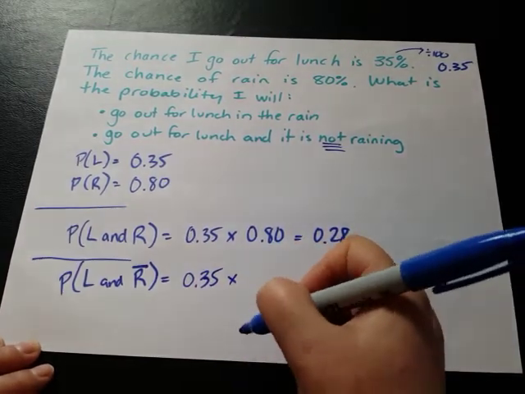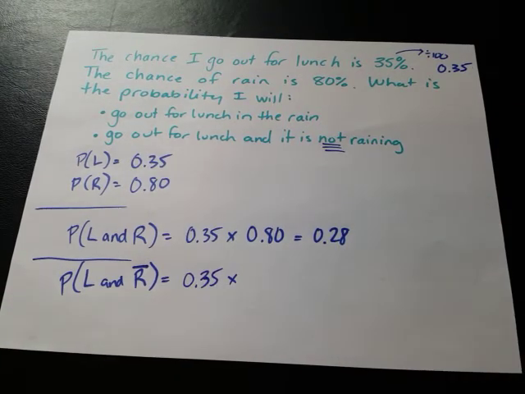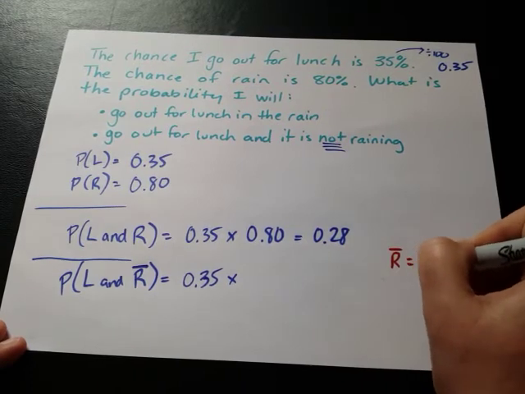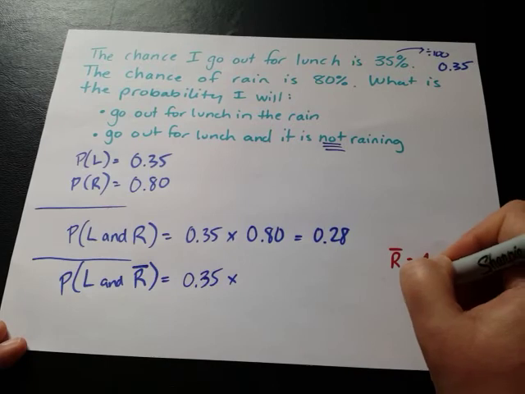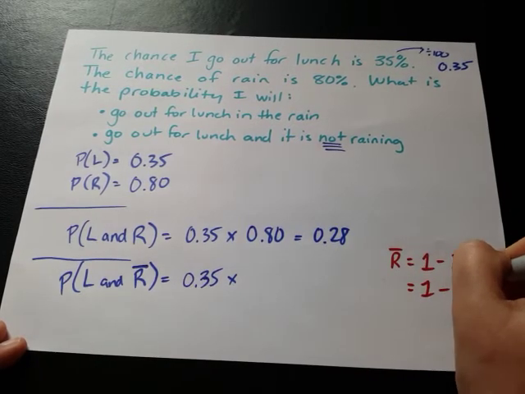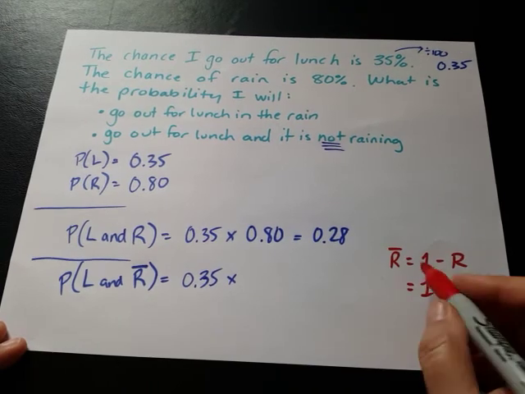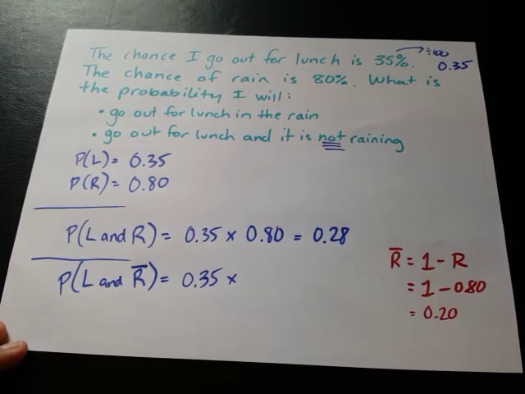The probability of not raining, we might want to do that calculation off to the side. Not rain will be 1 minus the probability of rain. So we're going to do that complement. So if there's an 80% chance of rain, there's a 20% chance that it's not raining.